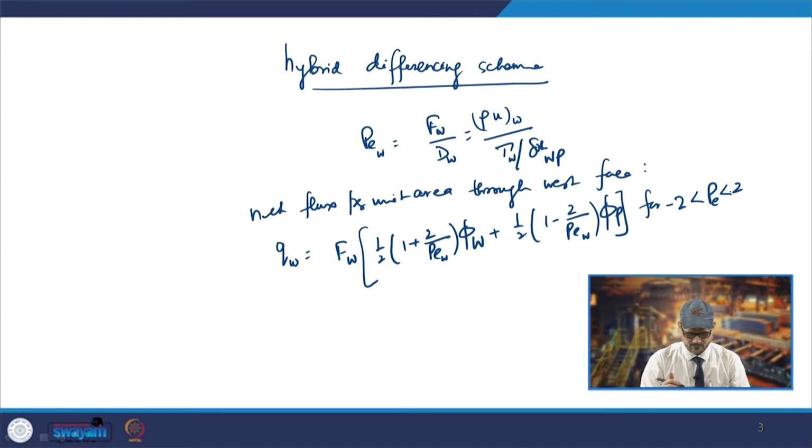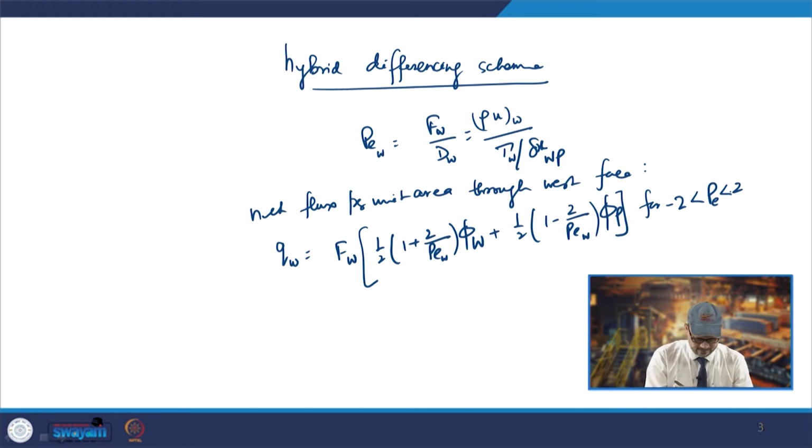Now, if your Peclet number is more than 2, the convection dominance is more in the positive direction, and in that case it will switch over to the upwind mode, because in those cases the upwind differencing schemes are said to be more stable and more useful.